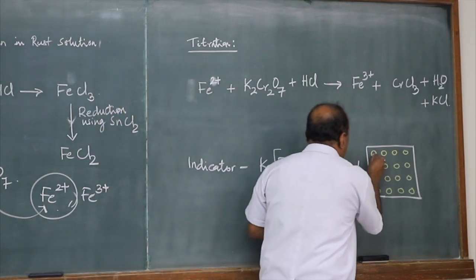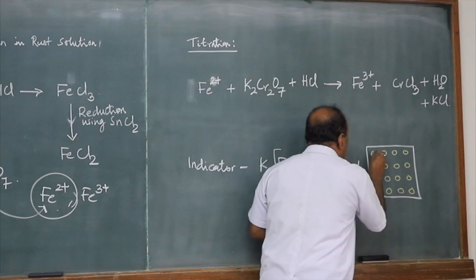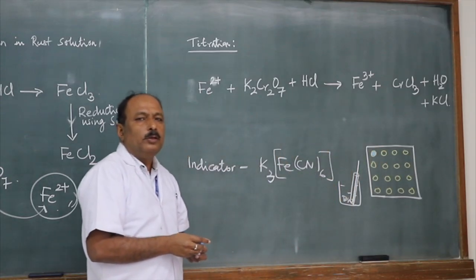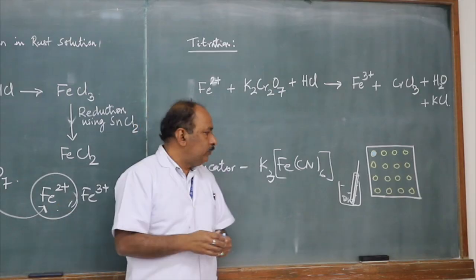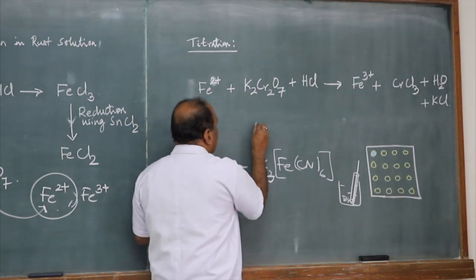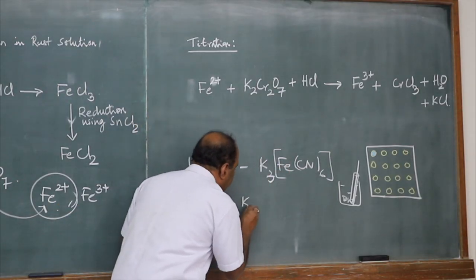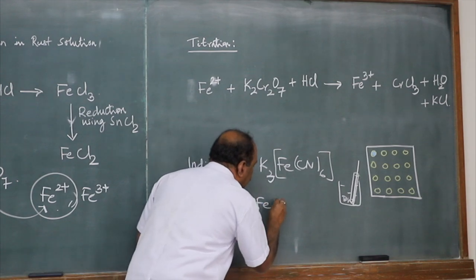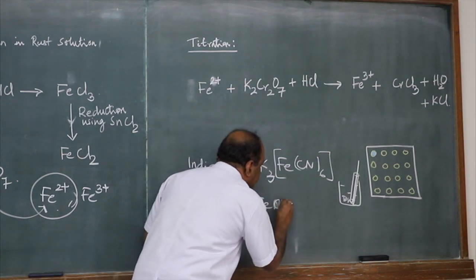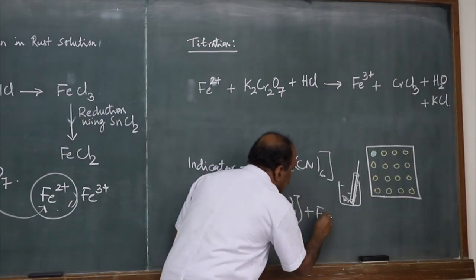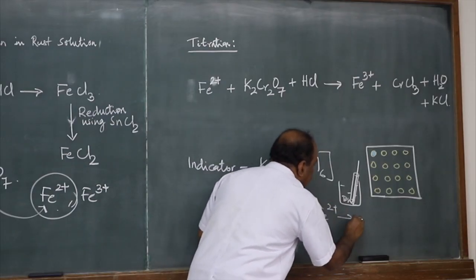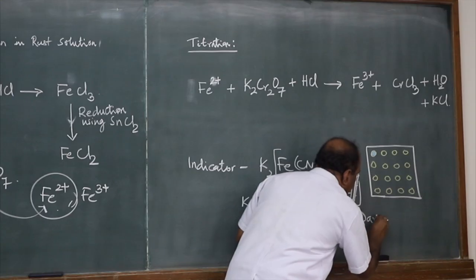Once you place it over the first indicator droplet, what will you observe? You know, K3Fe(CN)6, potassium ferricyanide, can react with ferrous ions. When it comes in contact with ferrous ions, as I said, it develops a dark blue color.